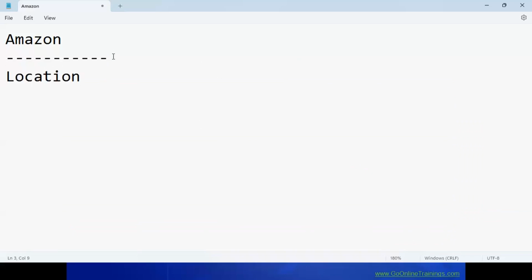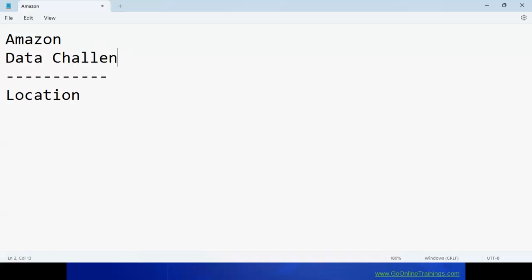So let me go through some Amazon data issues or data challenges. If you want to perform data analytics or data science, first of all, you need to have the data, right? Without data, can you perform data analytics? Can you prepare any report? Can you perform any ETL operations? No, you need to have the data, right? So a lot of data issues or data challenges are going to be there with the company.